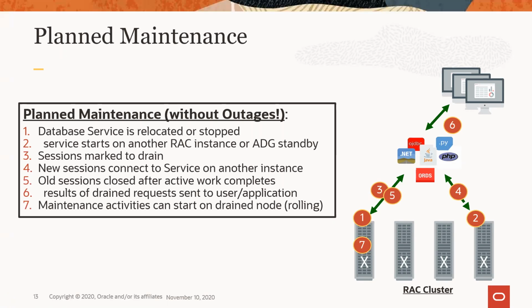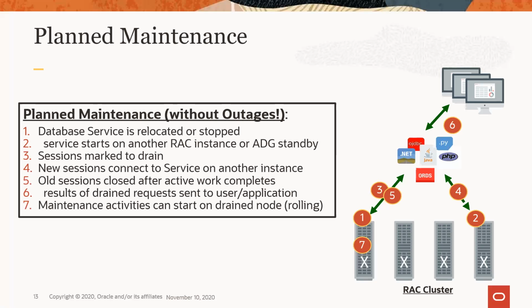The database marks them all to be drained. It drains them, completes the work. At the end of the drain timeout, as each of those database requests and sessions drain, they're returned to the pool for reuse. And the results come back to the users, right?